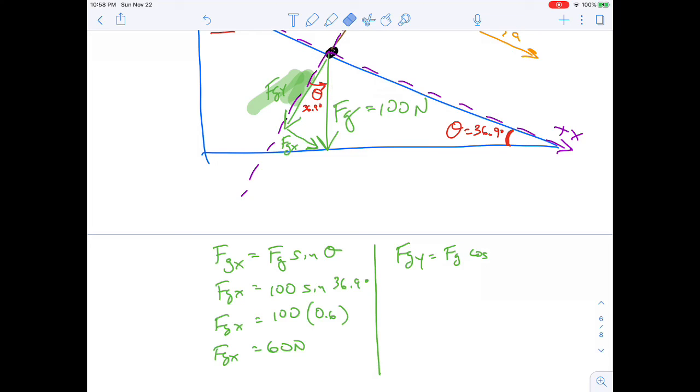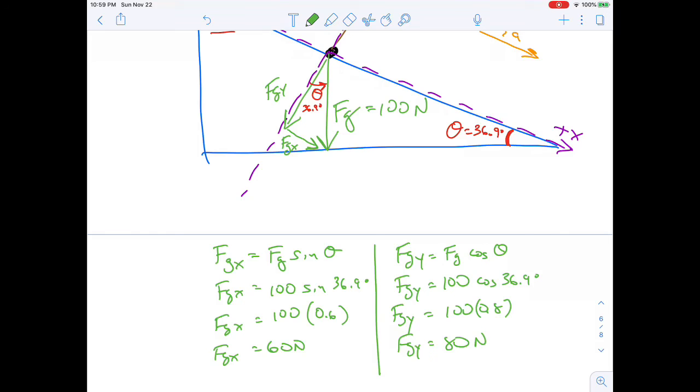That is the hypotenuse. And again, a lot of students have a problem with that. They don't want to accept that, but it's true. And so FGY equals 100 times the cosine of 36.9 degrees. That's 100 times 0.8, that's 80 newtons.